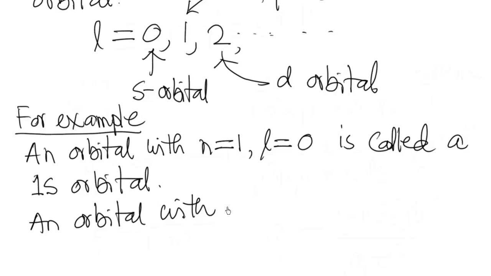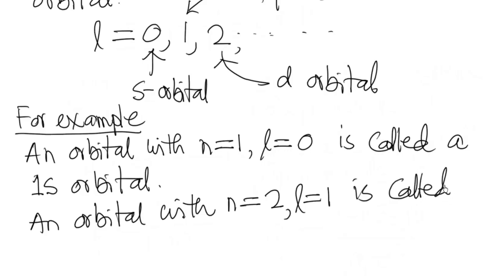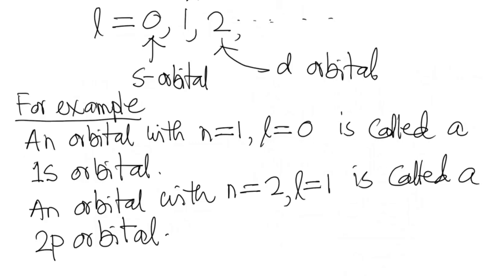An orbital with n equal to 2 and L equal to 1 is called a 2p orbital, etc.